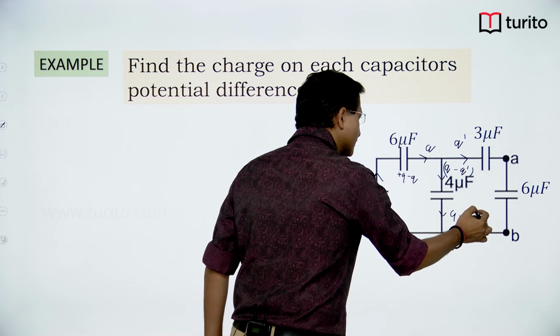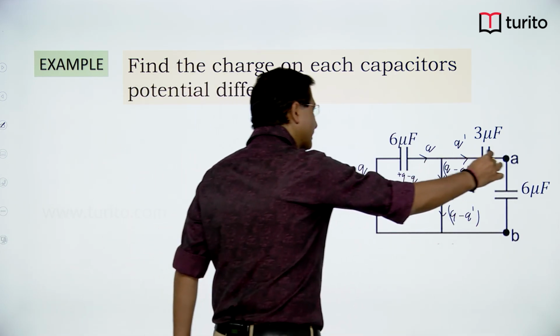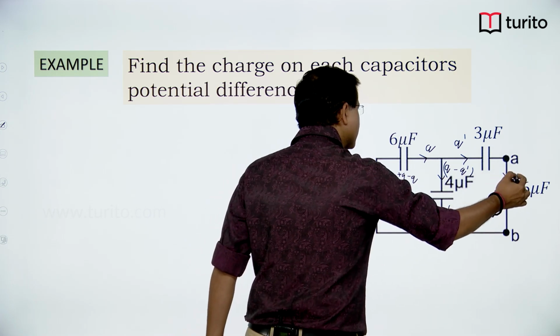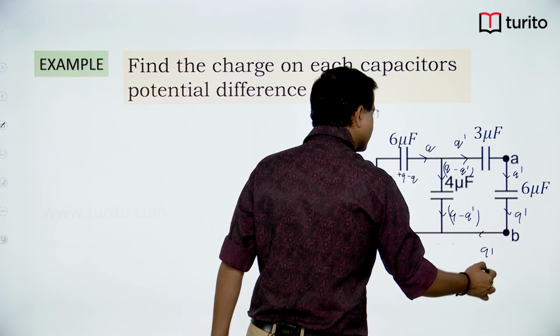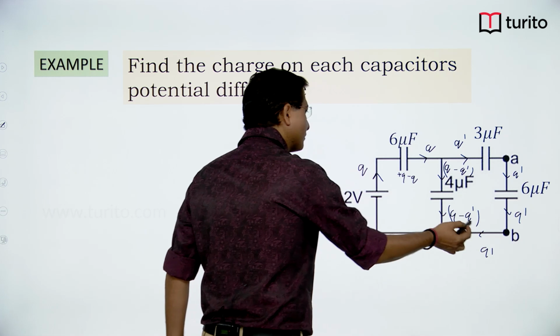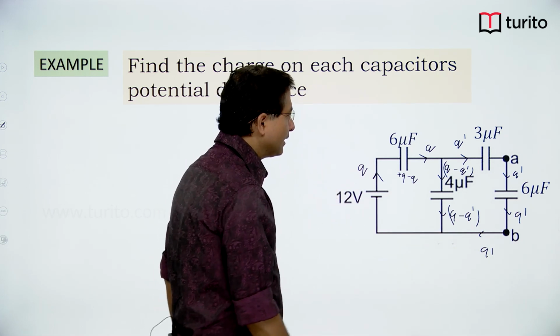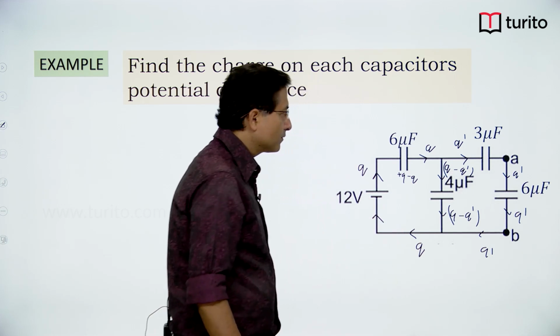And look at this one, as these two are connected in series, this charge has to be Q dash, and when this reaches here this will be Q dash. When you add this Q dash and minus Q dash, they cancel out, and through this branch you are going to get Q.